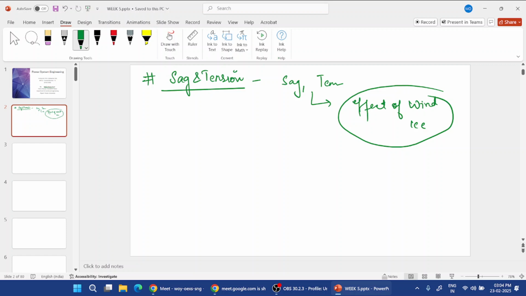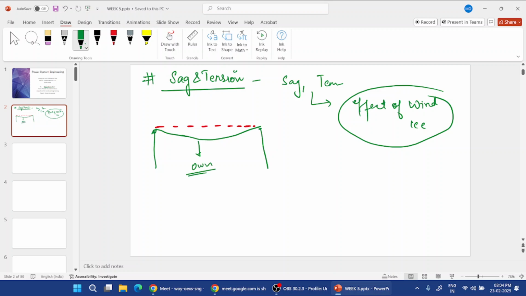So basically, whenever a transmission line is connected between two poles, instead of staying straight, it gets sagged due to its own weight and the gravity action.